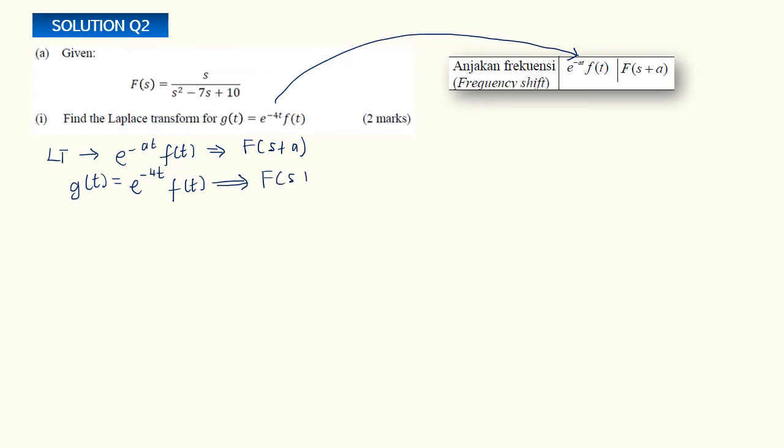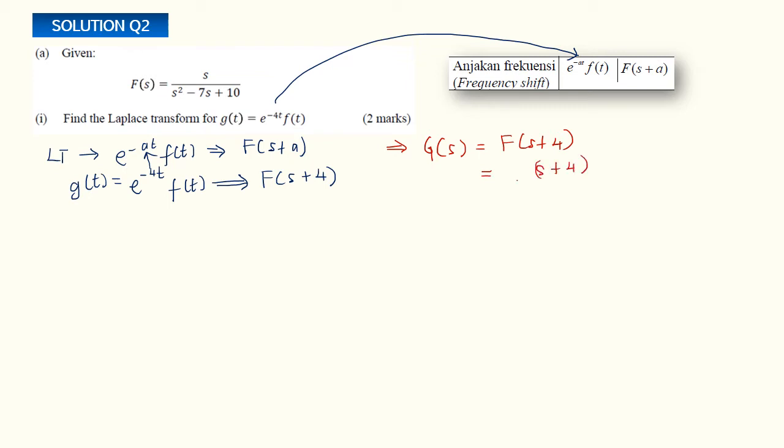F(s plus, okay, since a here is 4. You already have the F(s) equation given to you. Therefore, your G(s) equals F(s plus 4).